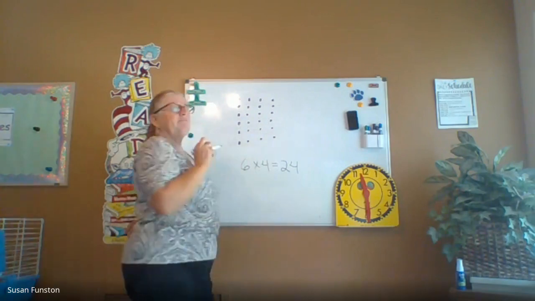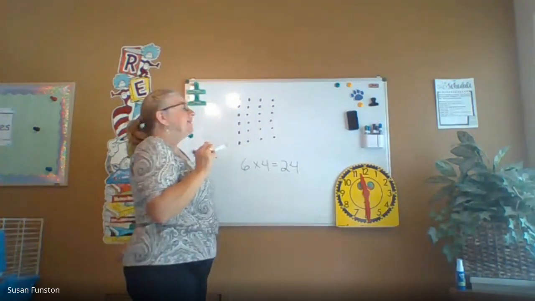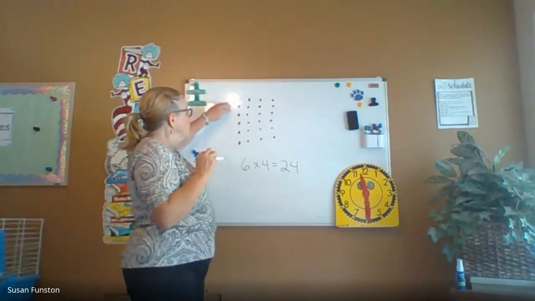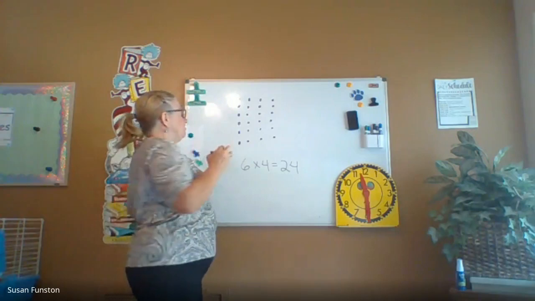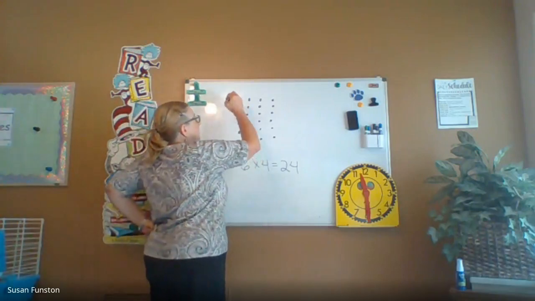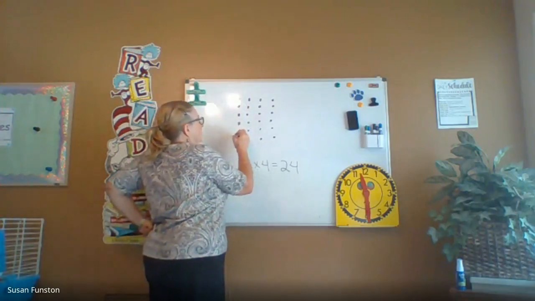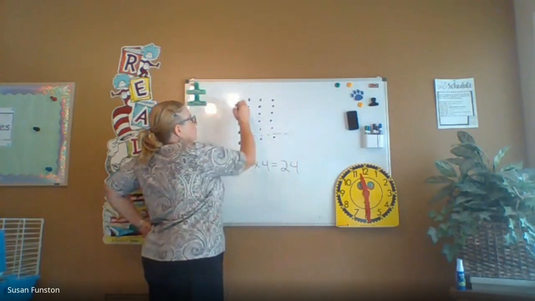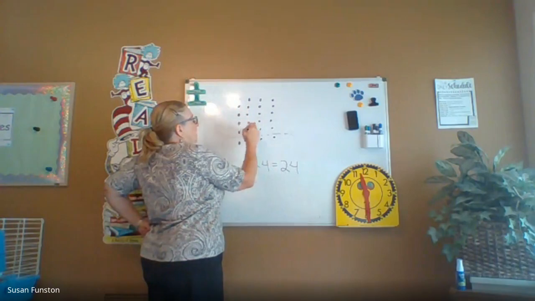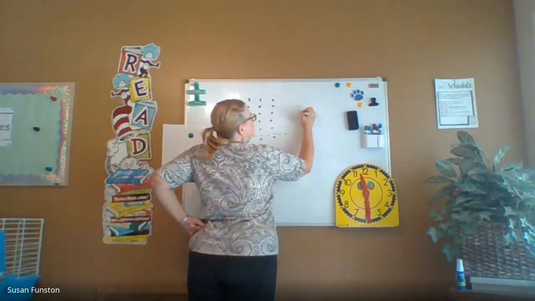So let me think about numbers that I really like. I like to count by 2s because that's easy. But what's even easier than counting by 2s for me is counting by 5s. So let's see, 1, 2, 3, 4, 5. So if I draw a dotted line here, my first array is now 5 times 4.